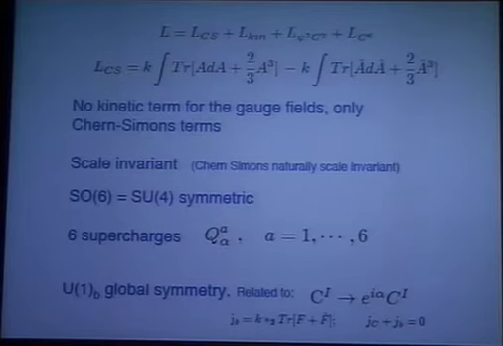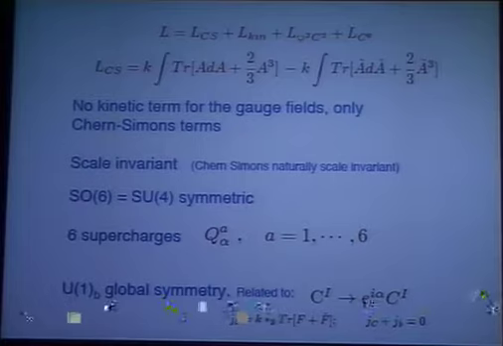The Lagrangian contains a Chern-Simons Lagrangian for the 2 gauge fields with opposite levels for the 2 gauge groups. So this is the first group and this is the second group. Then it has a kinetic term for the matter fields, but it has no kinetic term for the gauge fields. And in addition, we have some Yukawa couplings for the fermions and then some potential for the scalars.